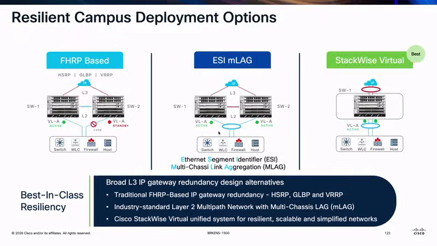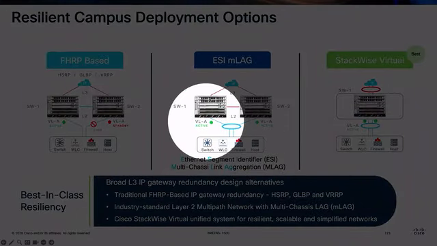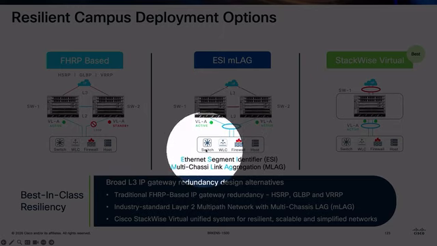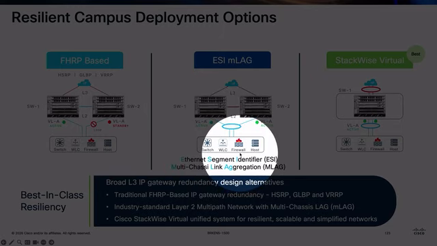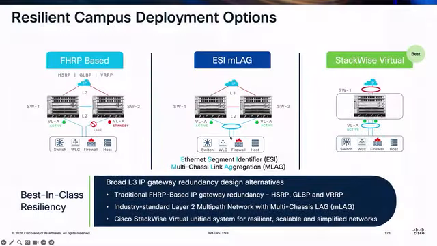That explains already a lot about what is actually behind this acronym. ESI MLAG is popular because the EVPN protocol takes care of synchronizing routing tables and routing state between two independent control planes, while both of these devices, through ESI, the Ethernet Segment Identifier, are aware at the same time of which device they are connected to downstream.